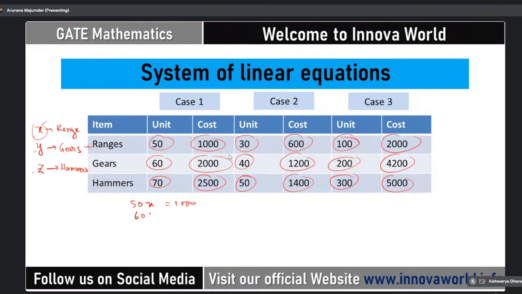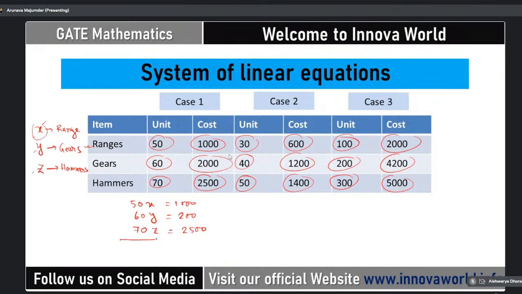60 units of gears, so 60y is equal to 2000. And 70 units of hammers, 70z, is equal to 2500.